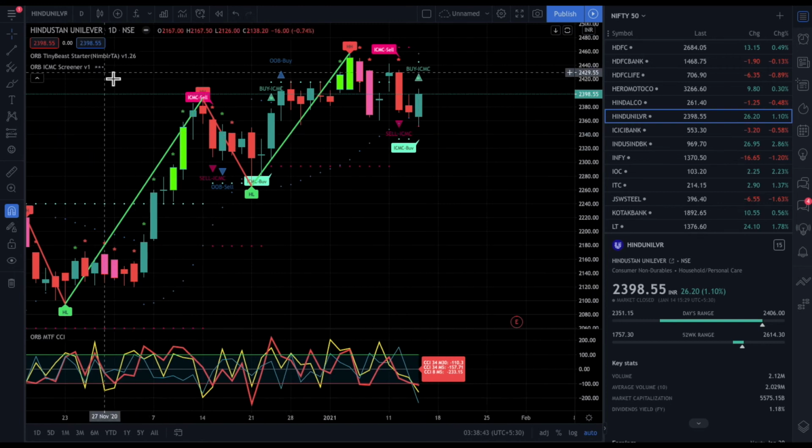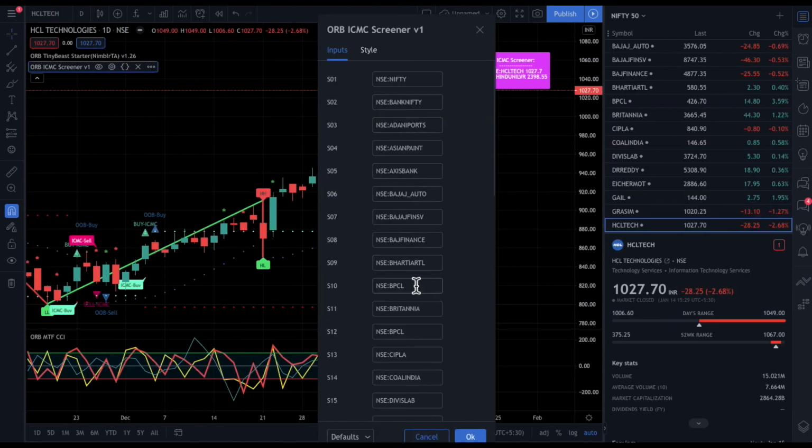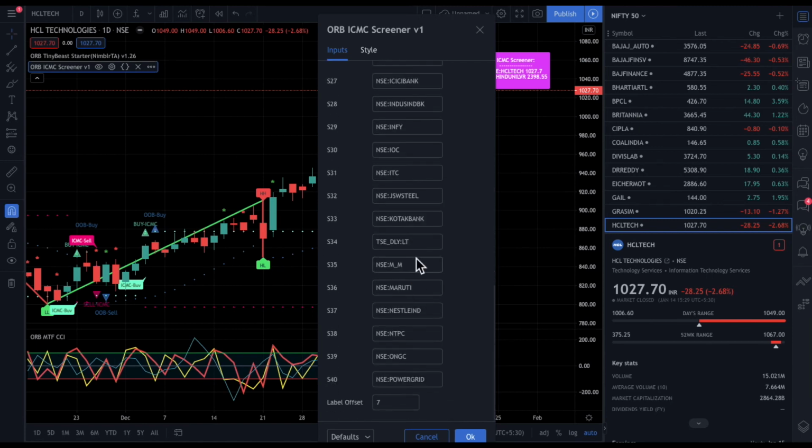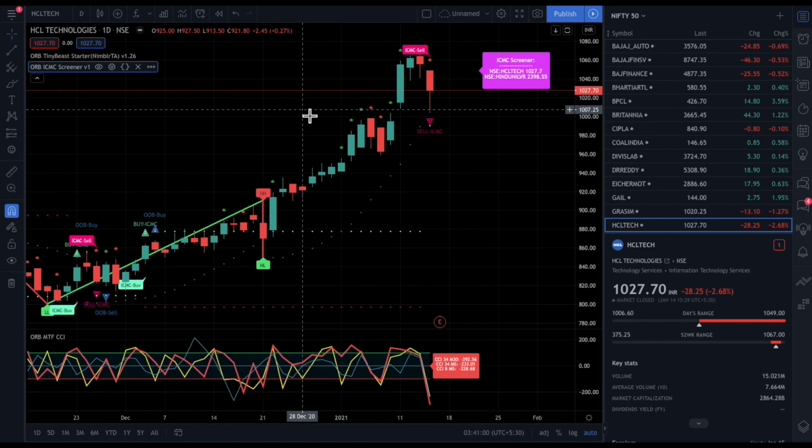Now let's have a look at the setup of the screener. So we see that on the setup I have defined the 40 names of the stocks which I have put here. So what happens if I want to monitor more than 40 stocks? It is very simple. You can load two instances of the same indicator.